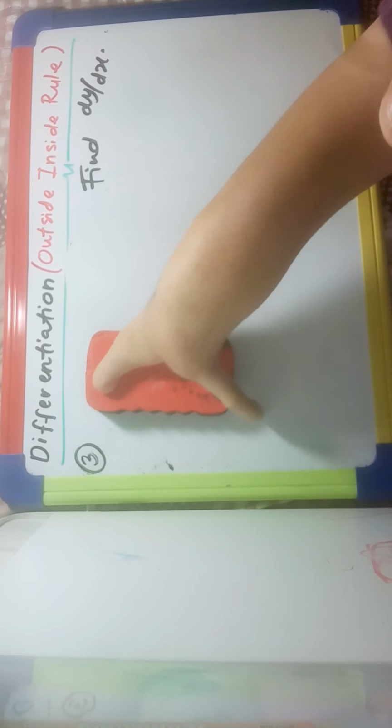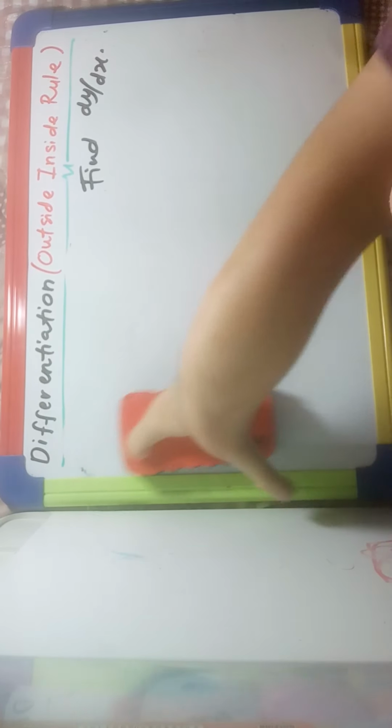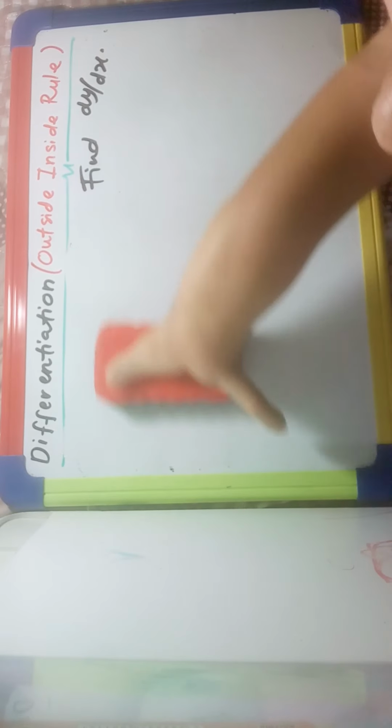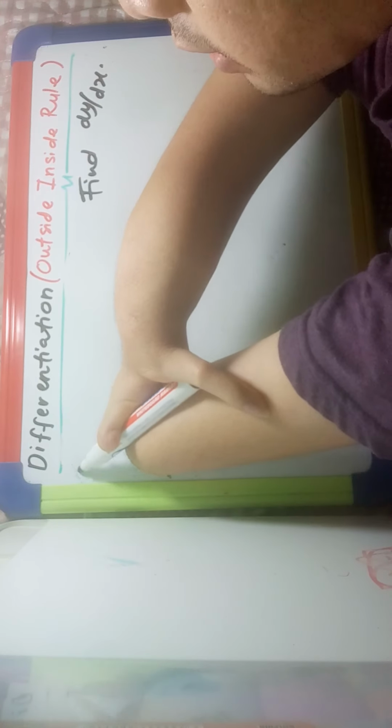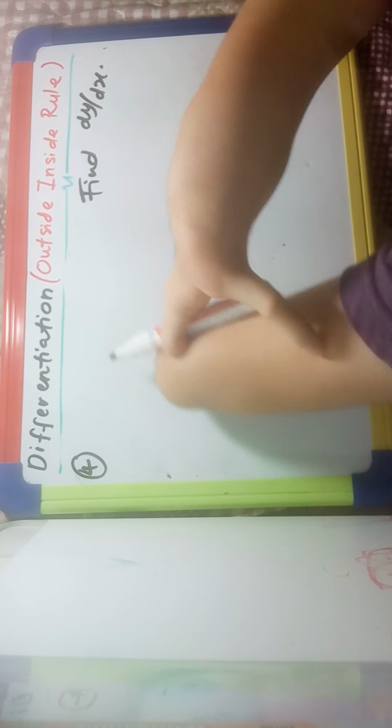Always remember, this outside and inside rule is the simple version of the chain rule. If you use the chain rule, you need to let u equal to this and then differentiate one by one, then use the formula. But if you use the outside and inside rule, let's say another example.